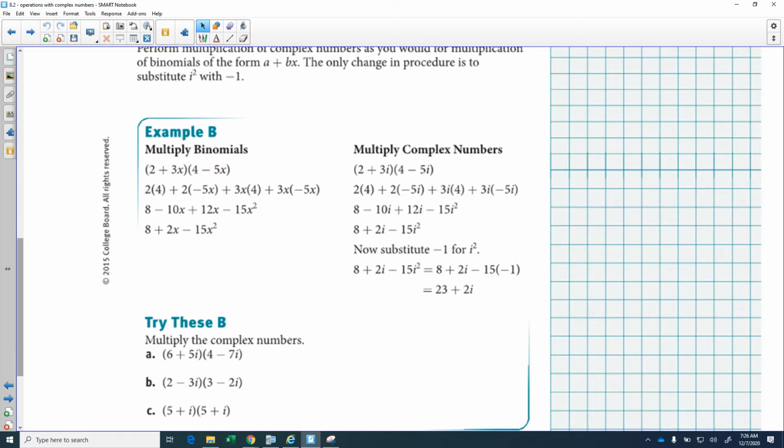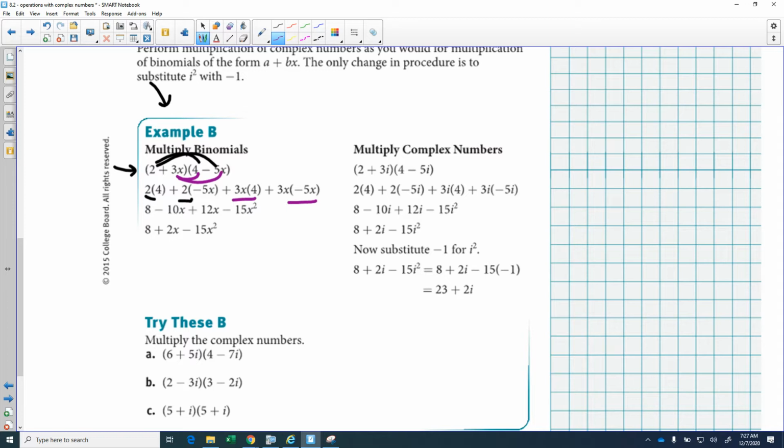This example B right here is a great thing to start with, because notice the math behind each of those. In this first one, we have 2 plus 3x times 4 minus 5x. They take the 2 and multiply it to both the 4 and the 5x, and they also take the 3x and multiply it to the 4 and the 5x.